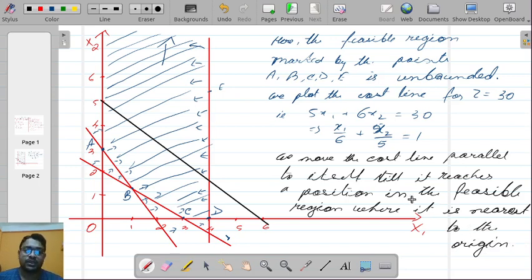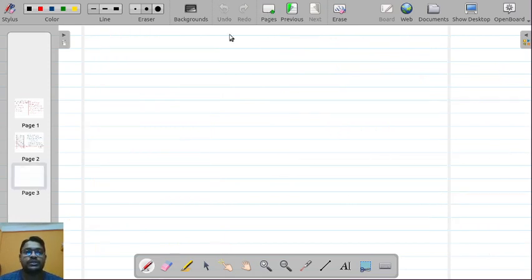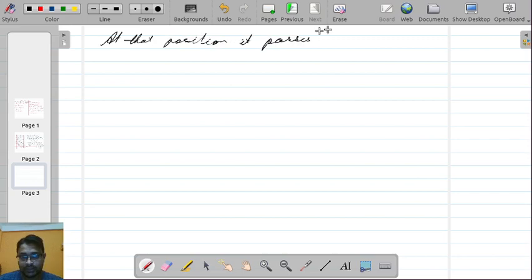But what we see is that at that position it passes through only the point B of the feasible region. It doesn't pass through any other point.